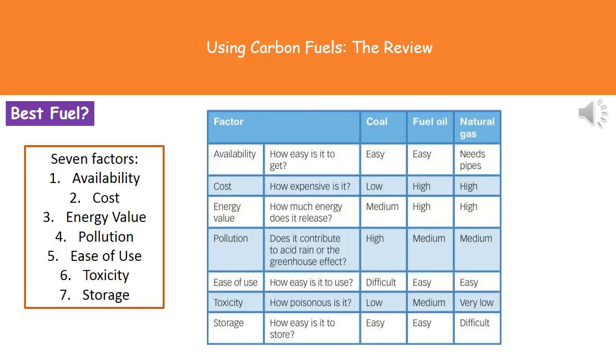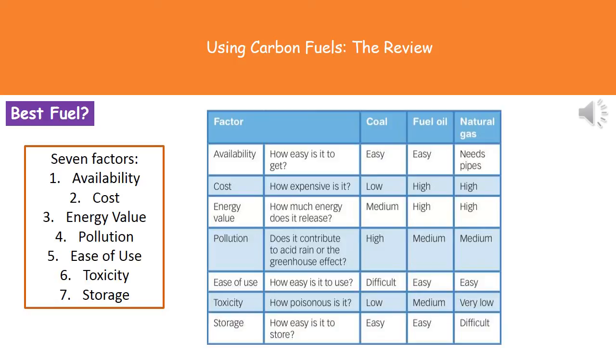So what you could actually do is, looking down there, you decide which fuel fits with the scenario you're given. So you might have to justify it, in which case, if you're picking out advantages and disadvantages, then looking at coal first of all, we can see that it has a high pollution, so that's obviously a disadvantage there.